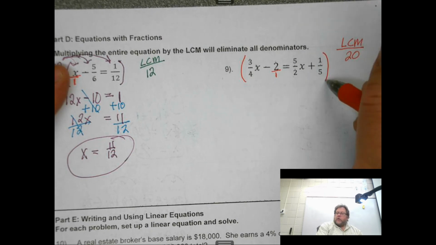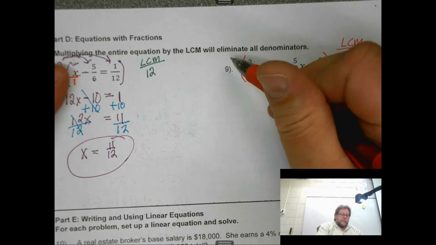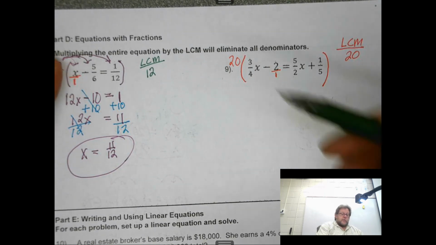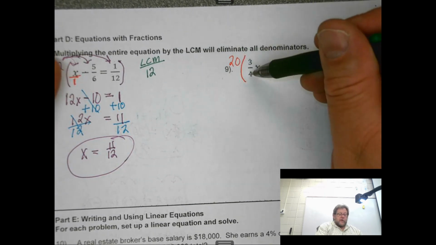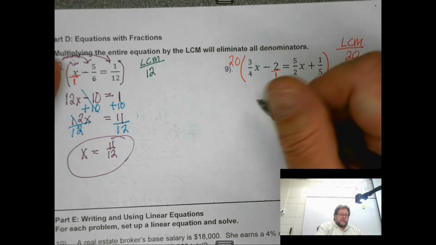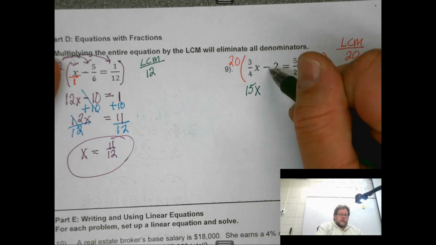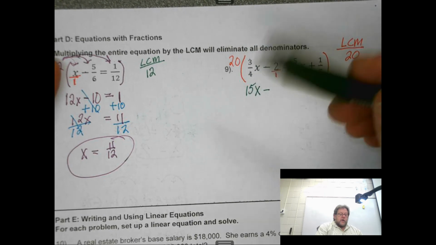Times 2 is 40. 20 divided by 2 is 10. 10 times 5 is 50. Don't forget the x. 20 divided by 5 is 4. 4 times 1 is 4.